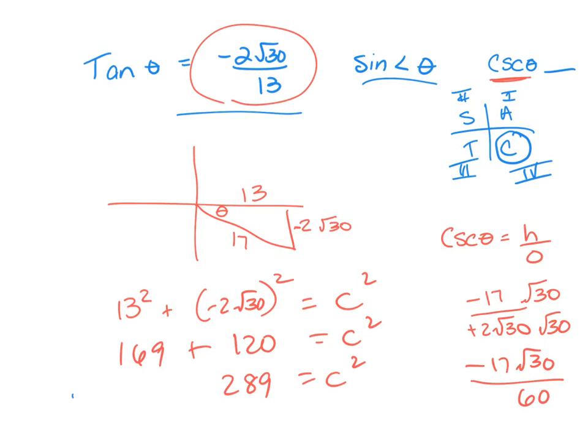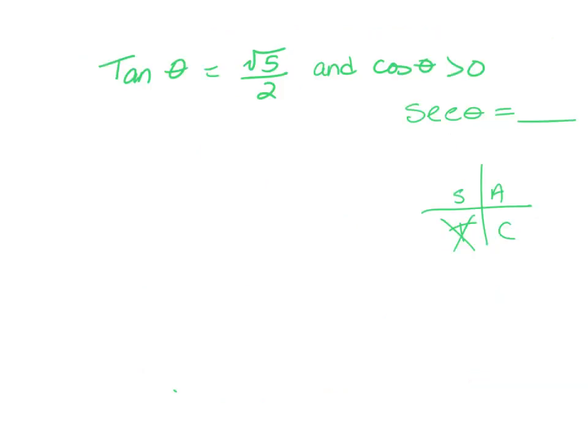Now, why do I know it's negative? Because the sine is negative, and cosecant and sine are negative in the same quadrant. If you have a negative in your question, it's going to be a negative answer. The hypotenuse is always positive, and you put the negatives where they go.